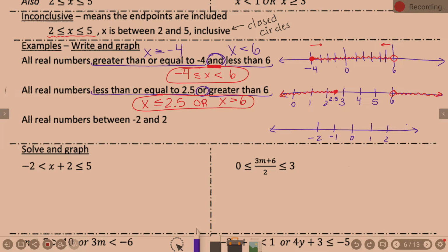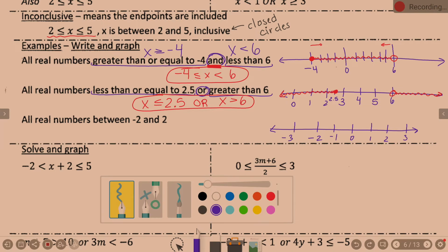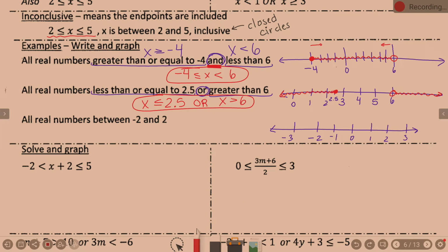What does that look like on a graph? Where are numbers between -2 and 2? Just -2 and then 2, right, between them. So where's between them?